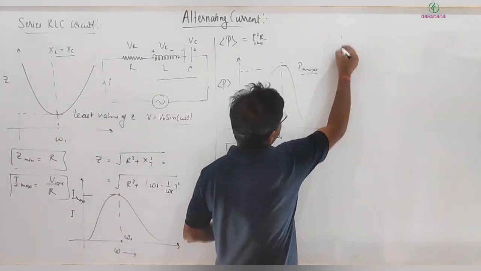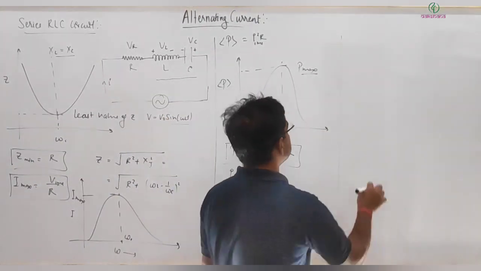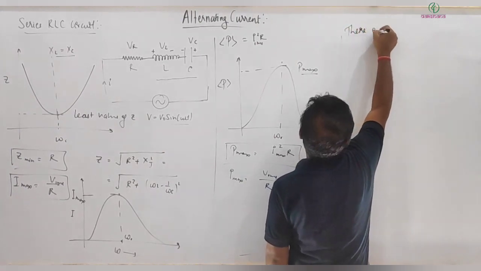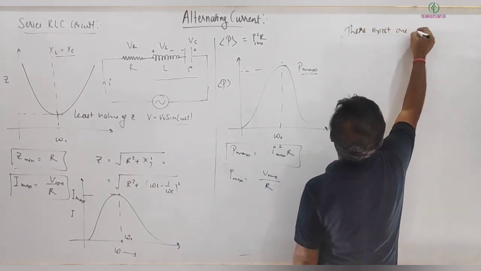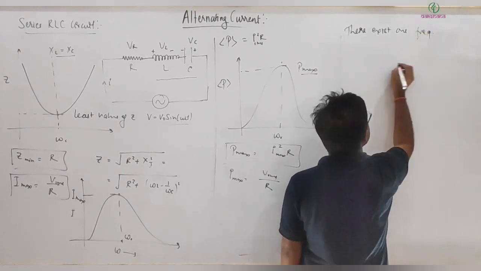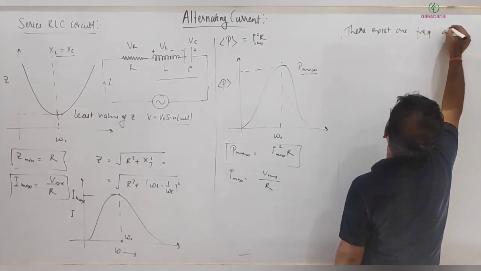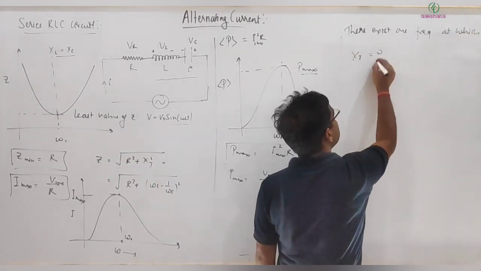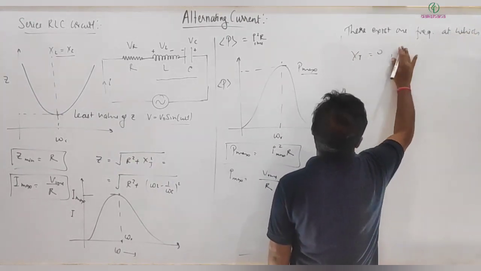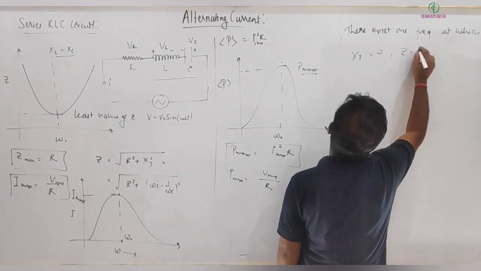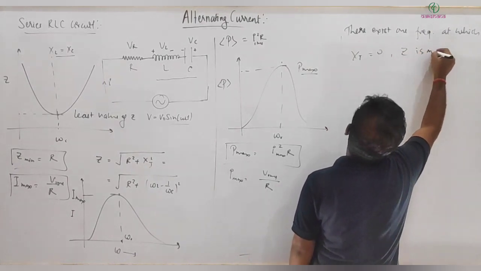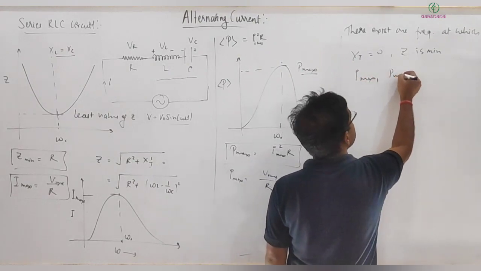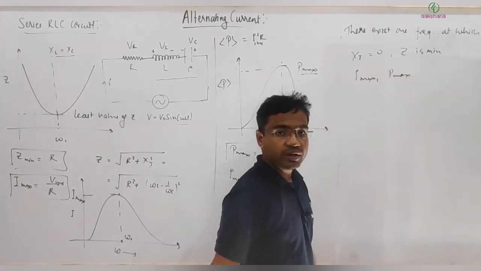So there exists one frequency at which you can write X_T equal to 0, Z is minimum, I is max, P is max, and so on.